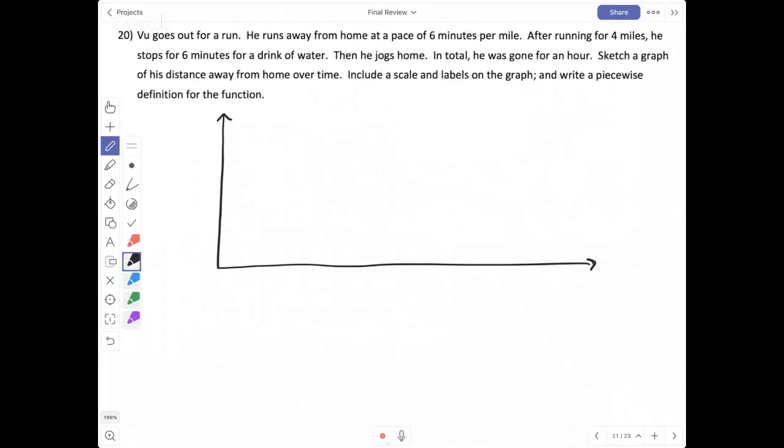Okay, so Vu started at home. He runs away from home at a pace of 6 minutes per mile. So he started at home. This graph is sketching distance from home.